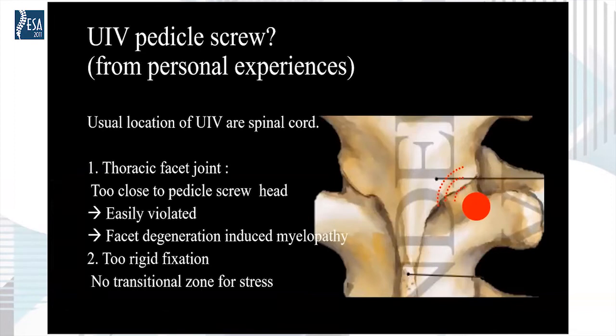I think a pedicle screw at the UIV level makes facet violations and precipitates hypertrophic degeneration. As we all know, thoracic facet joints are coronally oriented and widely cover the spinal canal. Thus, hypertrophy of a facet joint means thoracic myelopathy because there is the spinal cord.